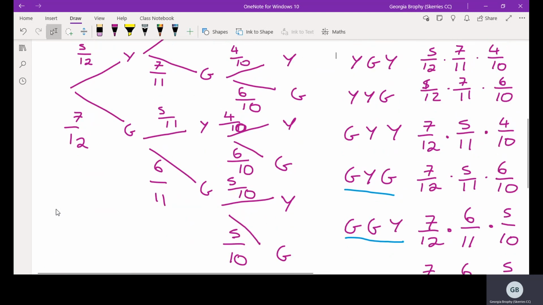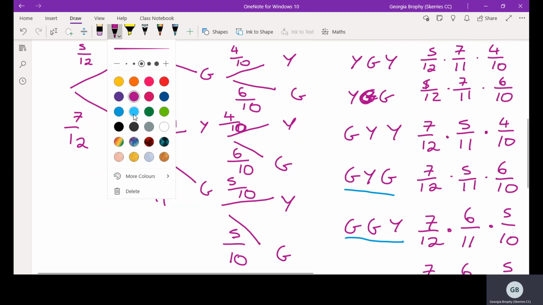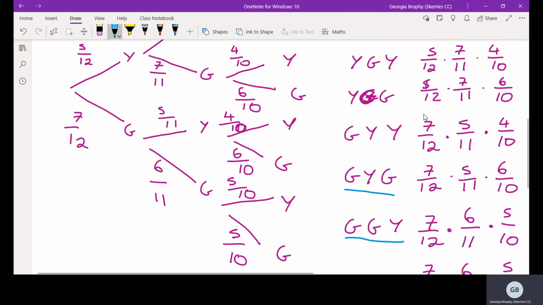That's because I wrote it in wrong there. So Y, G, G. Sorry, it's a bit messy. And I'll underline it here. Okay, so there are 3 choices. So it's this probability here, this probability here, and this probability here. Let's work them out.